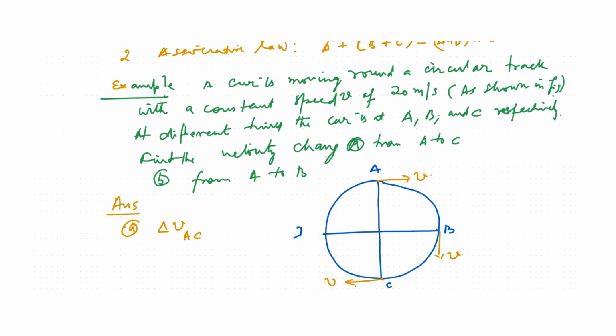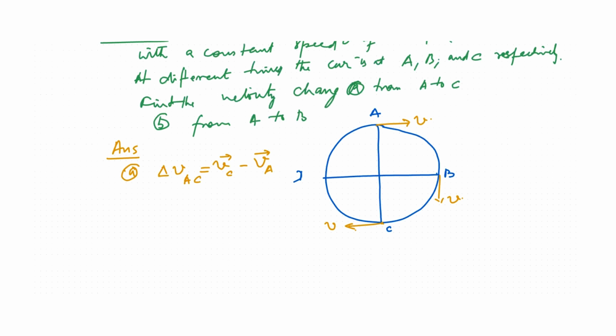We will write it as VC vector minus VA. This is the change that we would like to understand. Now VA is actually this 20.